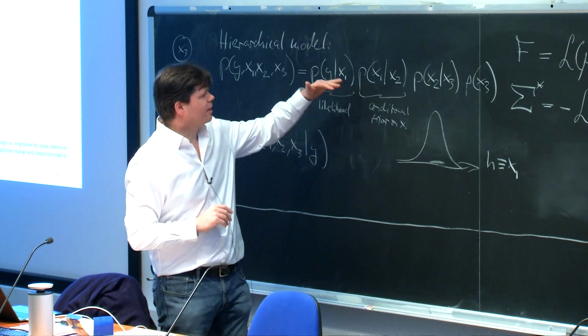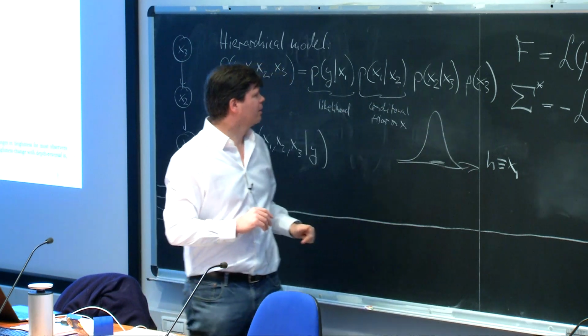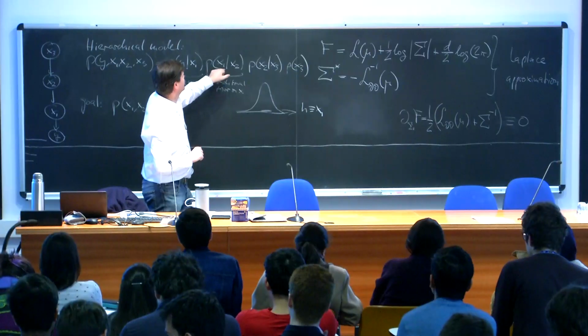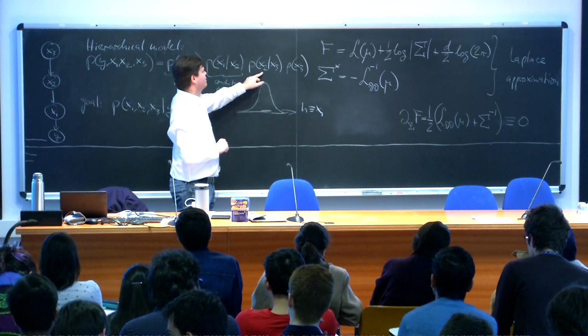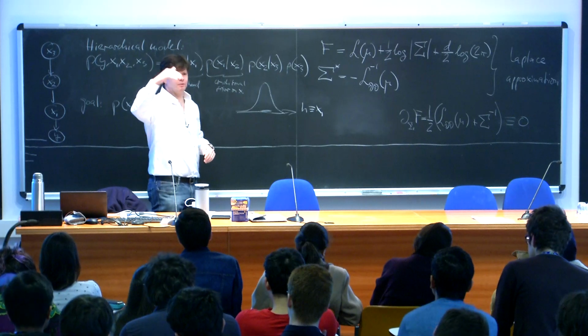So that's the meaning of hierarchy. It's a model that you can write in this manner, where the prior has itself a prior, and that has a prior, and so on. It's a hierarchy of priors on priors on priors on priors.